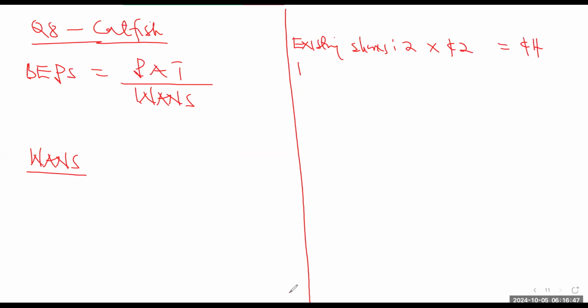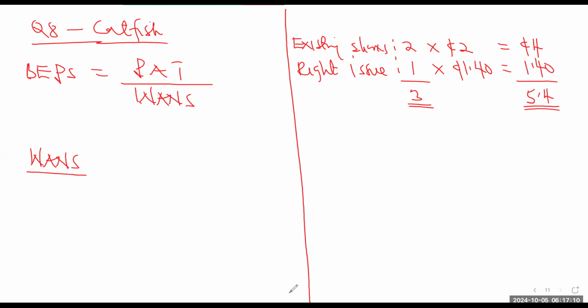Let's come to the rights issue. We are taking 1 at 1.4 cedis, so that will give us 1.4. Our total, on a unit basis, we'll be having 3 units against 5.4.